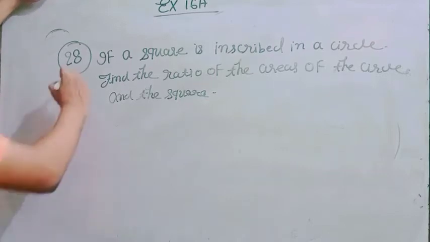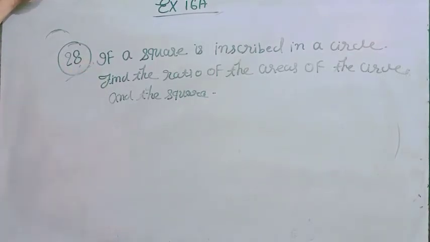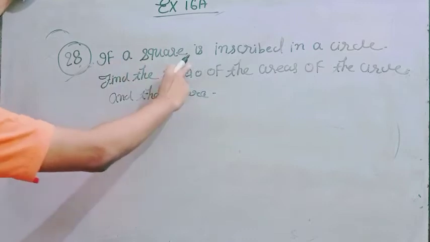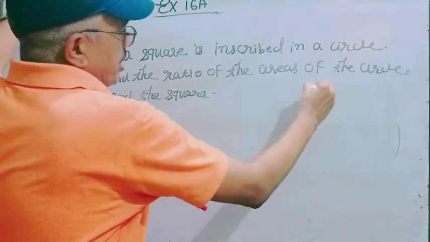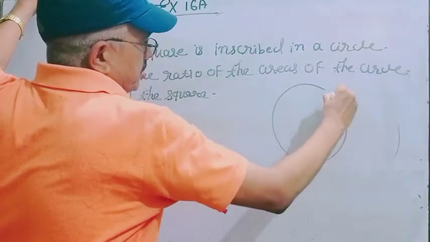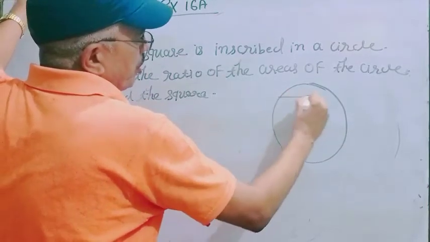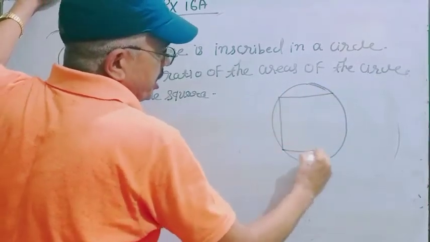Now, the last question of today's session, that is question number 28. If a square is inscribed in a circle, that means given here is a circle and a square inscribed in it.